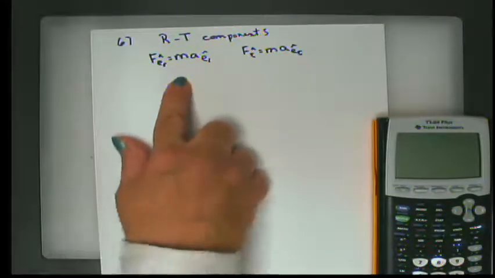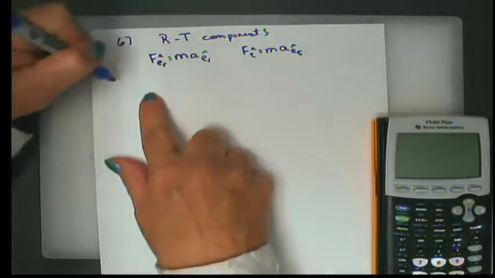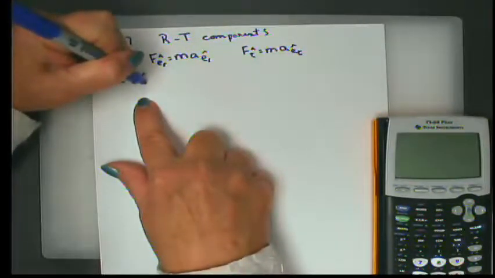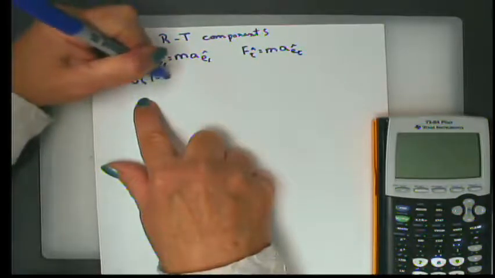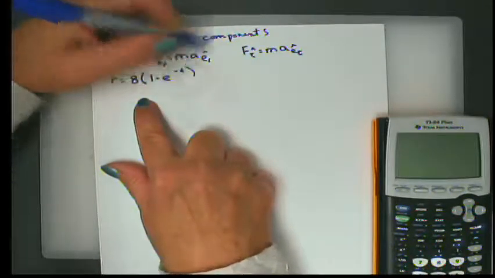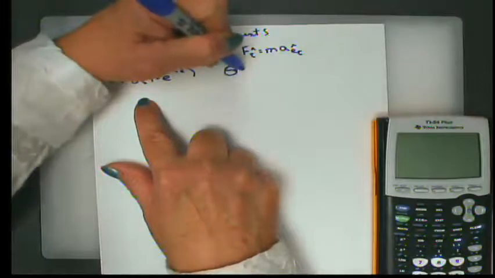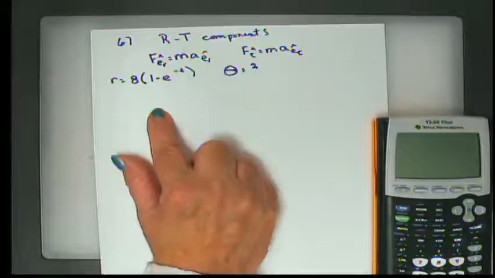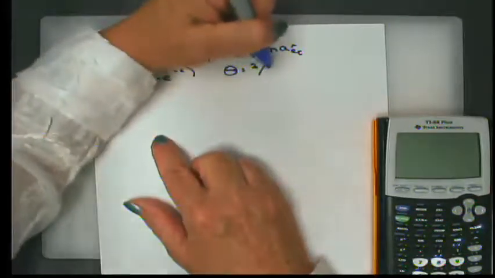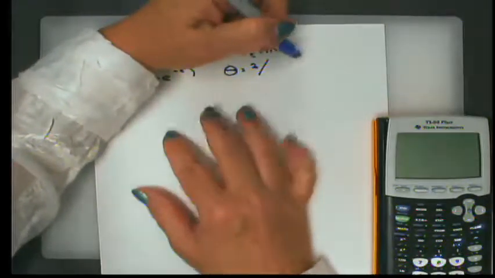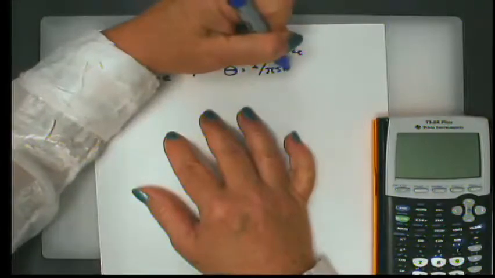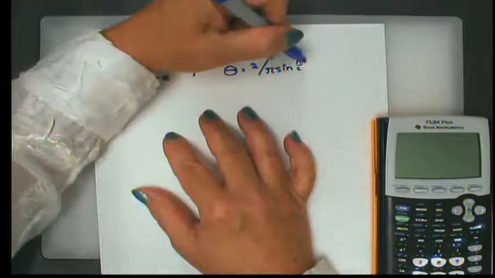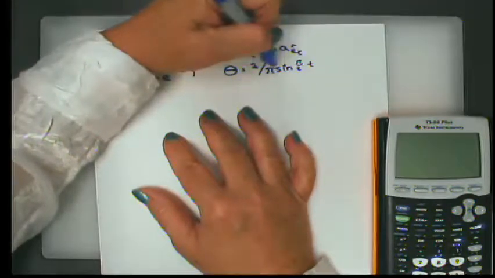So when we take a look, we have equations for R. R is 8 times (1 minus e to the negative t). And theta is 2, and the whole thing is in the denominator, 2 over pi sine of (pi over 2 times t).